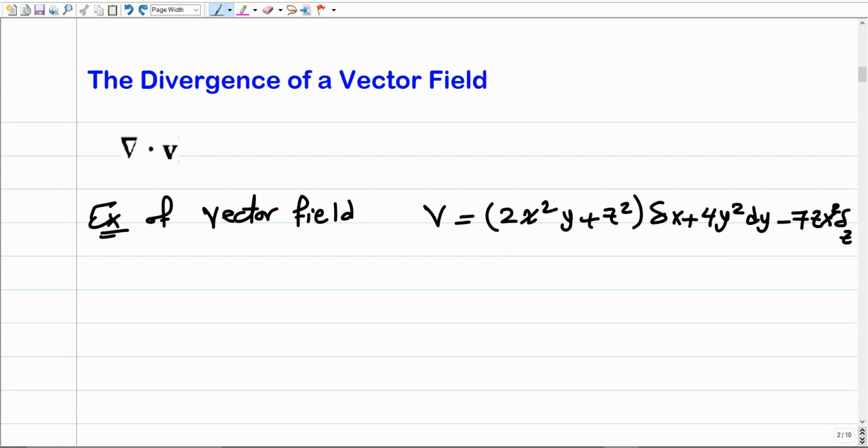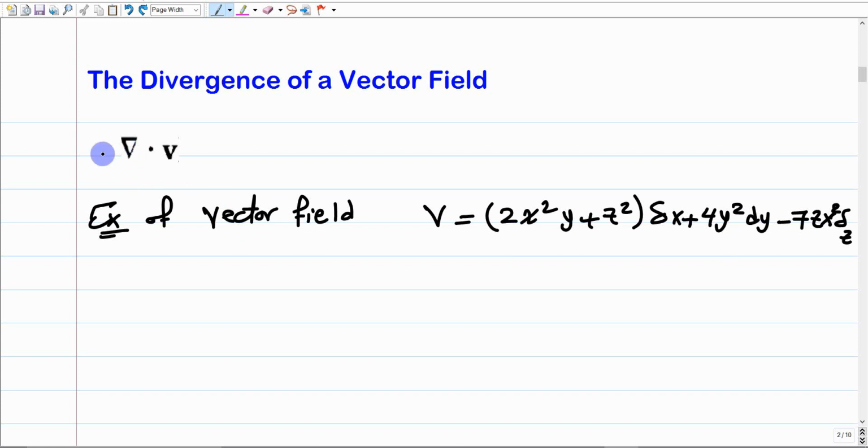I won't go through the details of the divergence theorem and how we can use it unless we cover it in linear elasticity, when we move to elasticity and the continuum mechanics part. But for now, we're just interested in the divergence of a vector field and how we can find it.